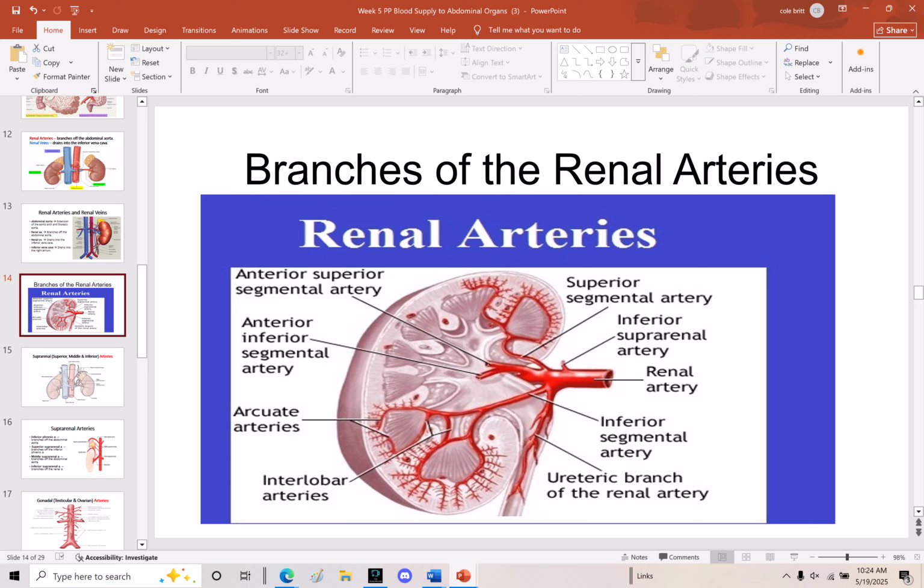So you have what are called interlobar arteries, and they make their way up through the renal column and surround the pyramid. And they form what are called arcuate arteries right here. So surrounding the pyramid, you have the lobar artery, and you have the little branches going down to that. We'll talk about it more.